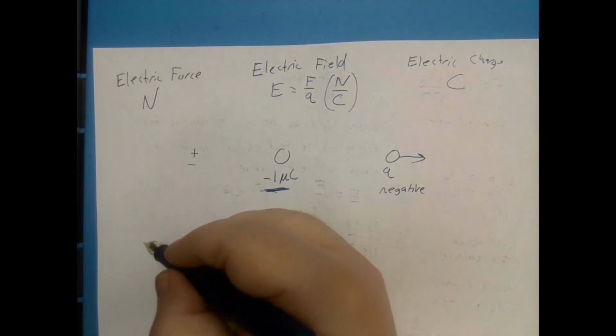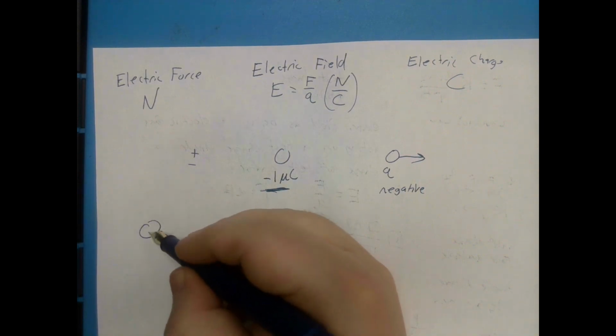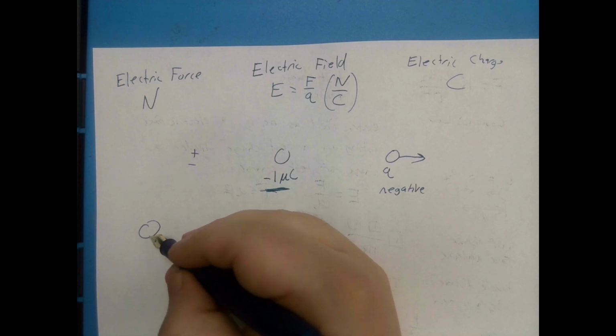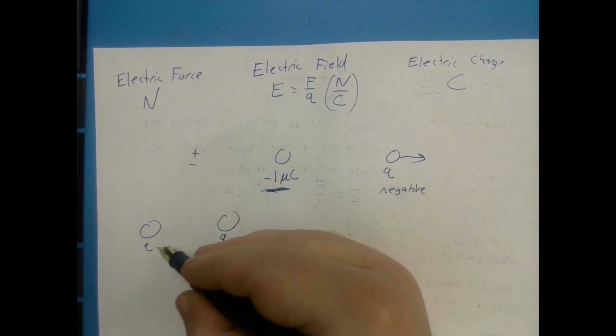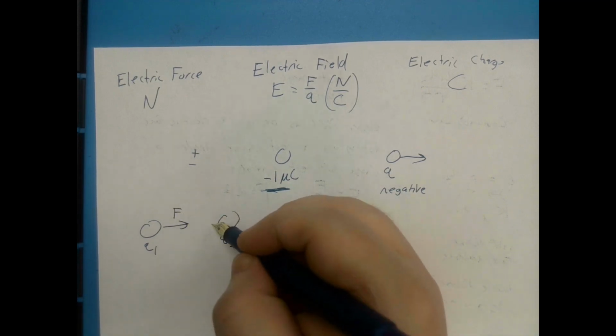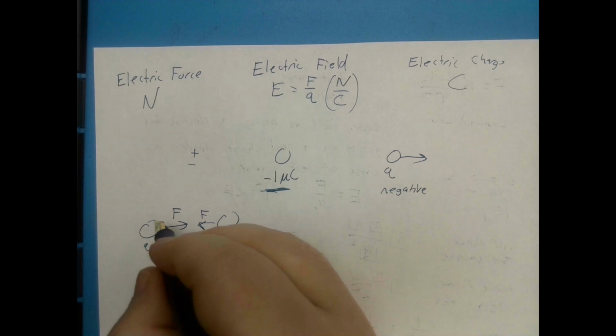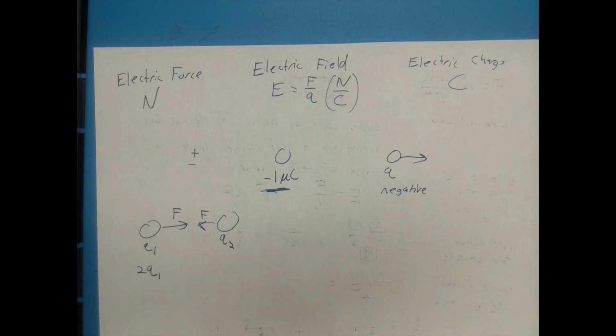Going back to the previous, what would happen if I double one of the charges? So I have a charge Q1, a charge Q2, and let's say that they have a force F between them. What would happen to F if I multiply this by 2, turn it into 2 times Q1?